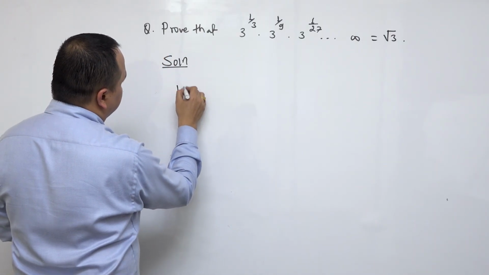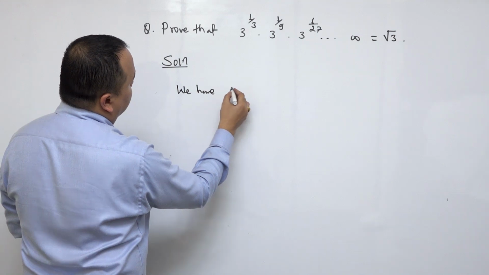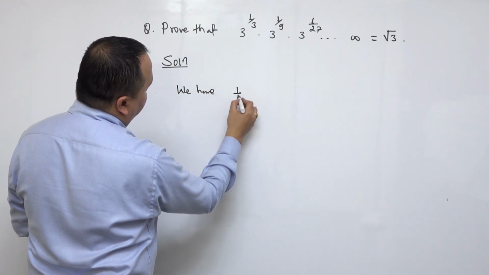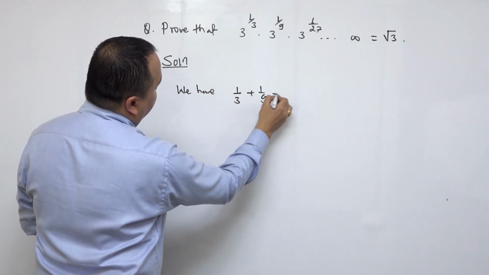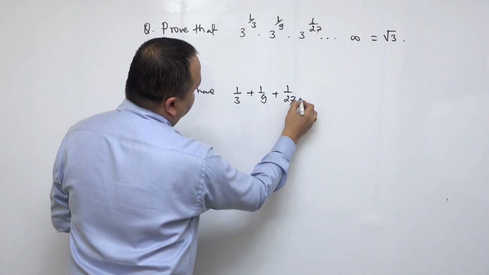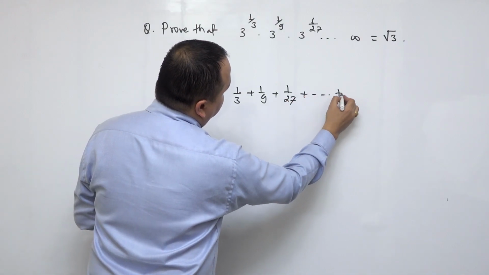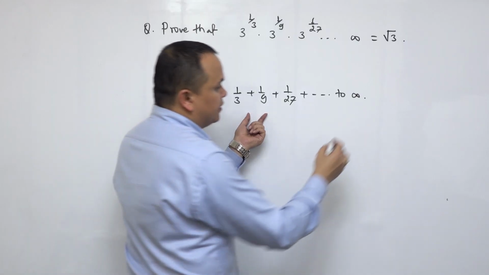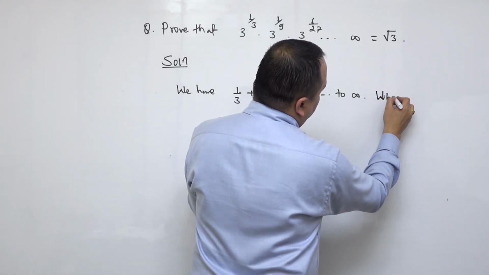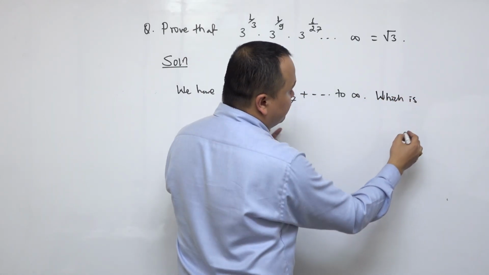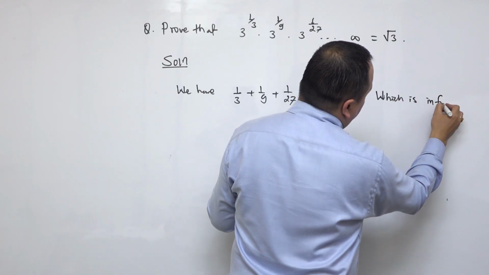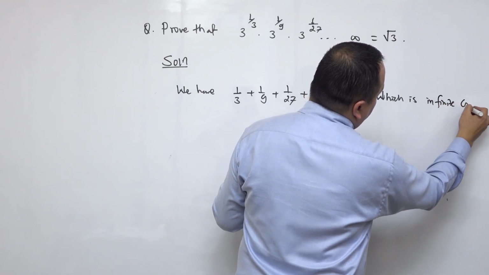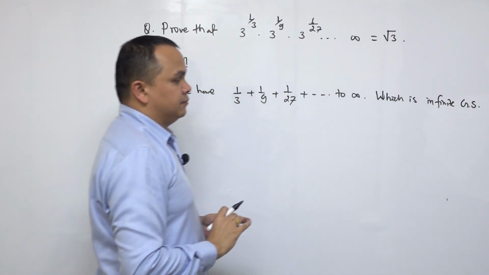We have 1 upon 3 plus 1 upon 9 plus 1 upon 27 to infinity, which is an infinite GS.